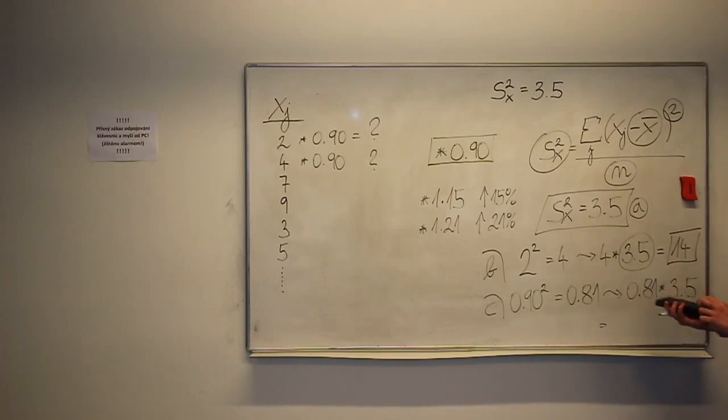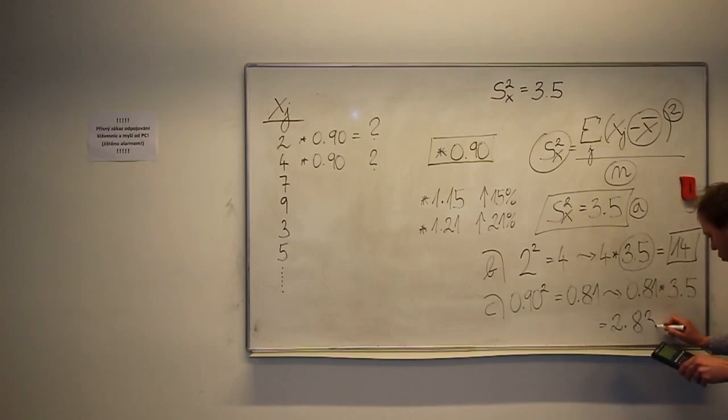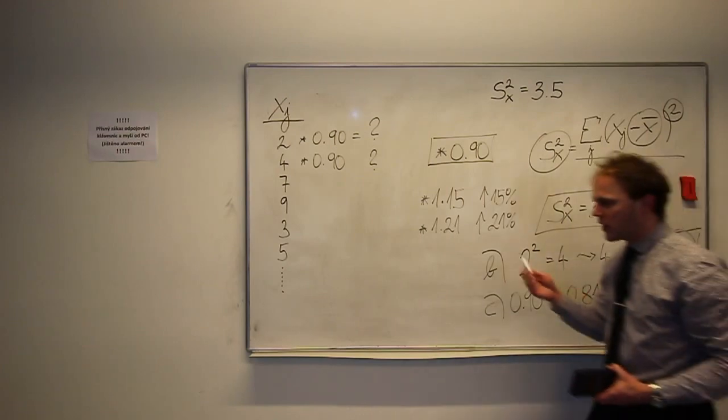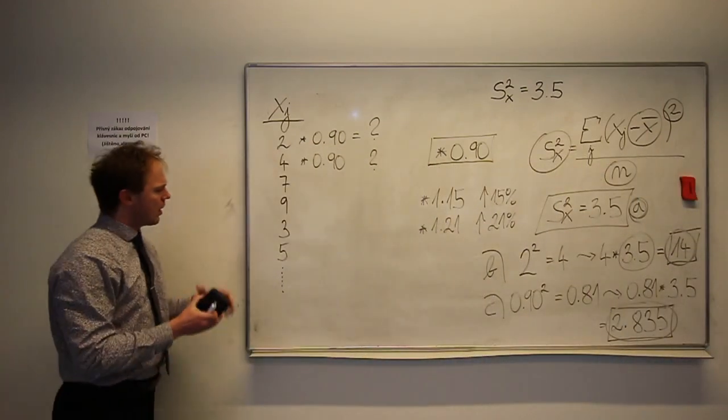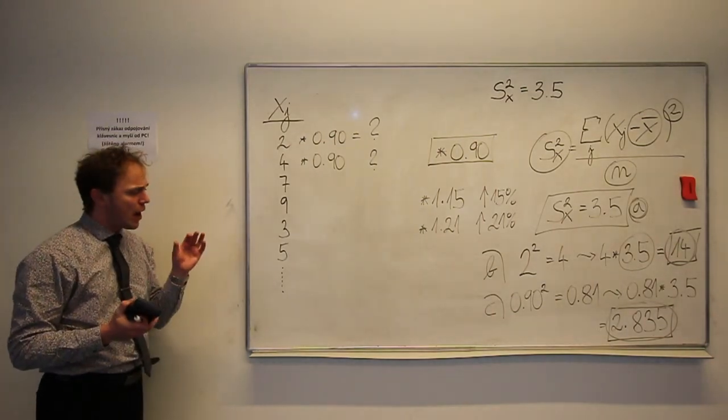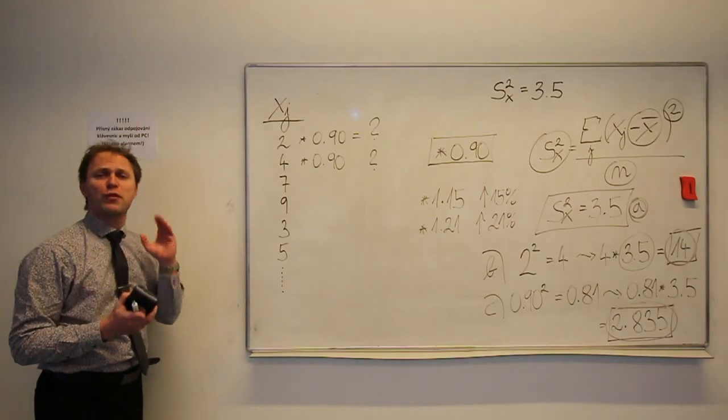Okay, so times 3.5, enter, 2.835. So this is response C. So there is A, there is B, and there is C. So please remember the two definitions, which you have written in my Microsoft Excel file.